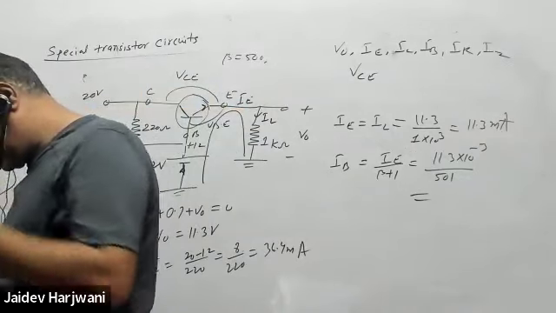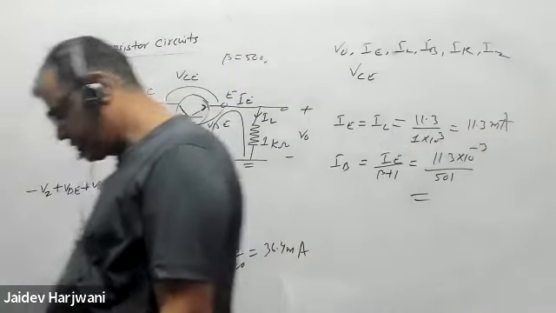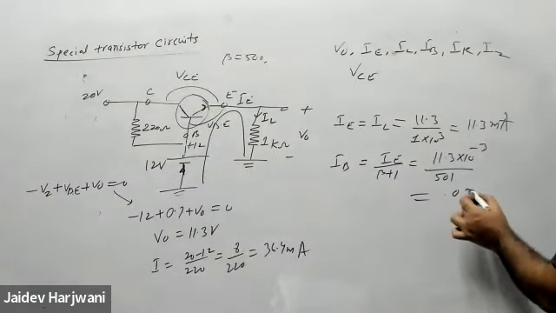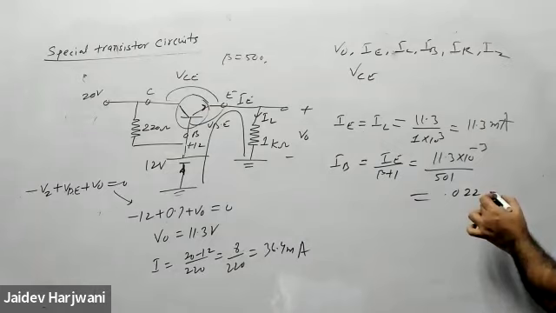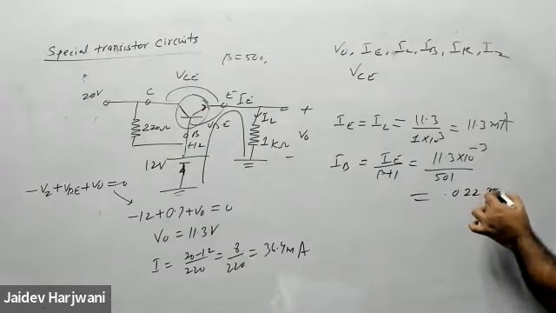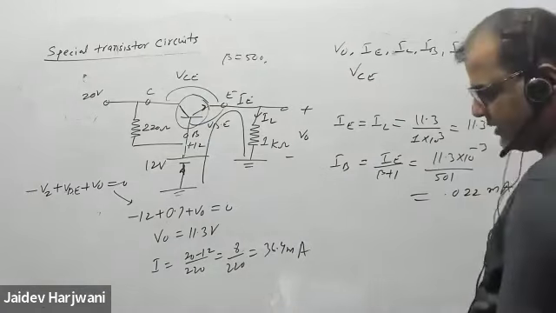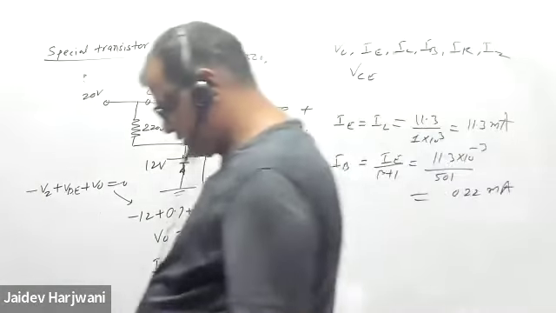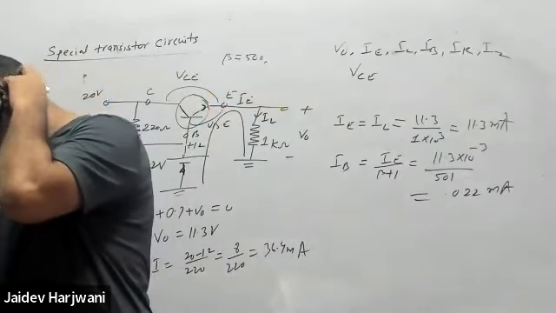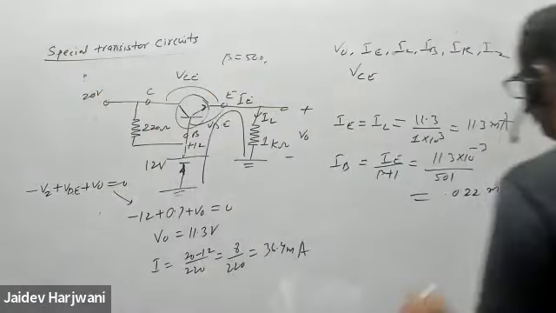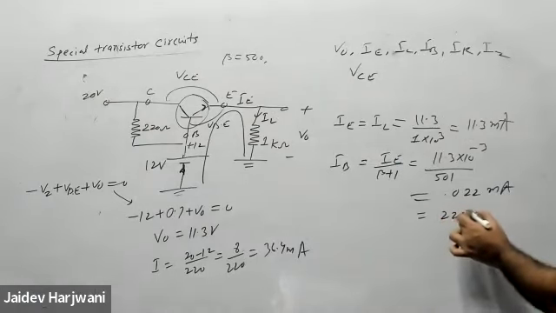How much is coming? 0.022, that is 0.022 milliamps. Yes sir. That is 22 microampere. Roughly around 22 microampere.